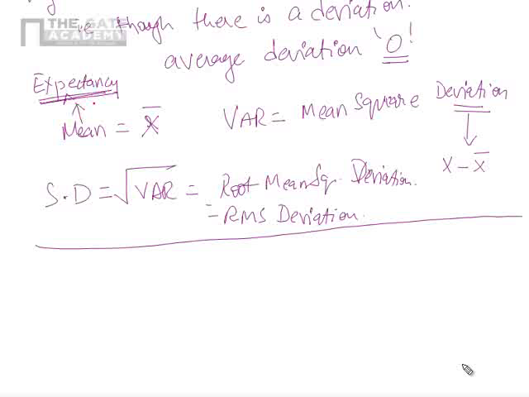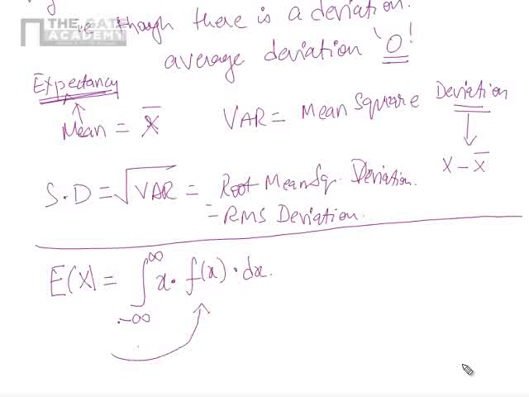So expectancy of a random variable x, I am not going to prove this, is defined as the integral from minus infinity to infinity of x into f of x dx. This is how I define the expectancy of x, where f of x is the associated density function.